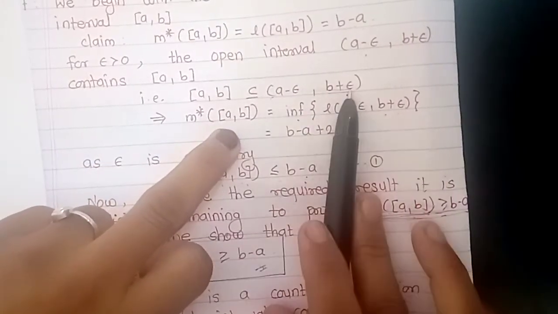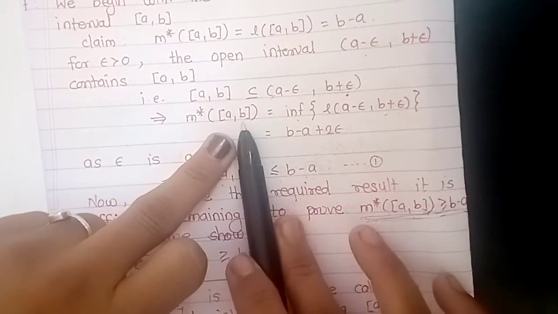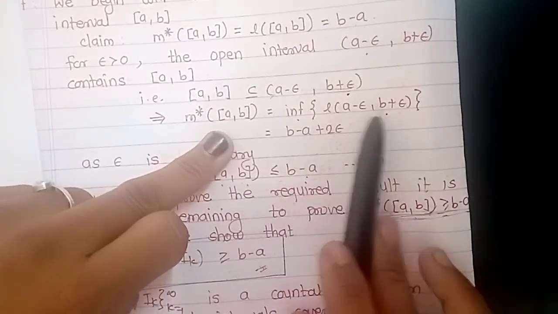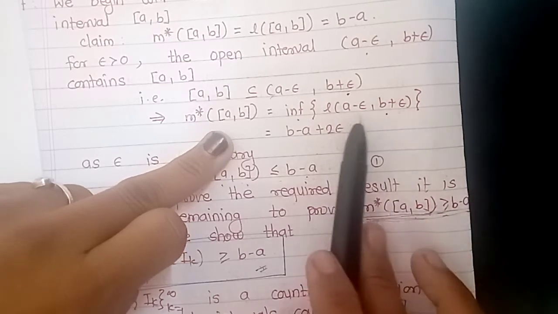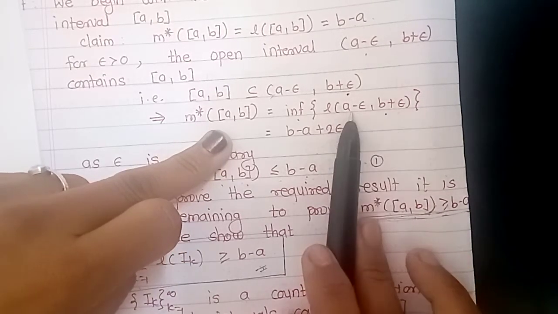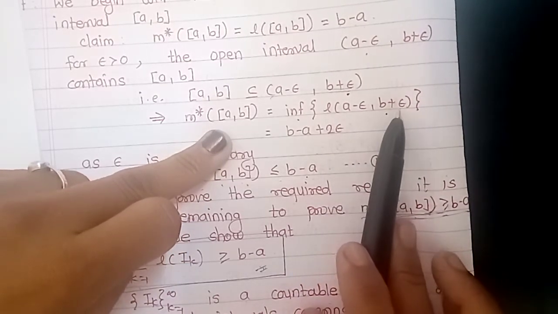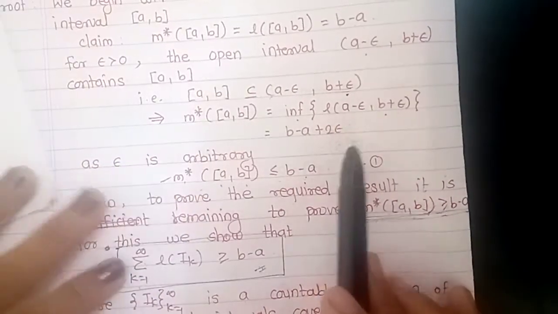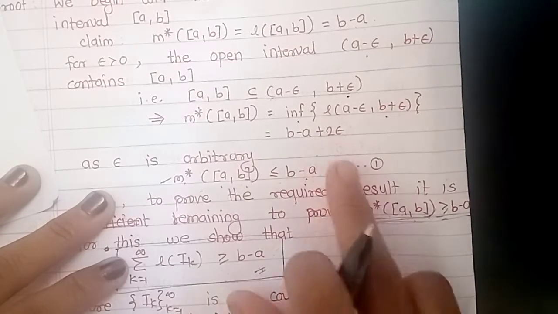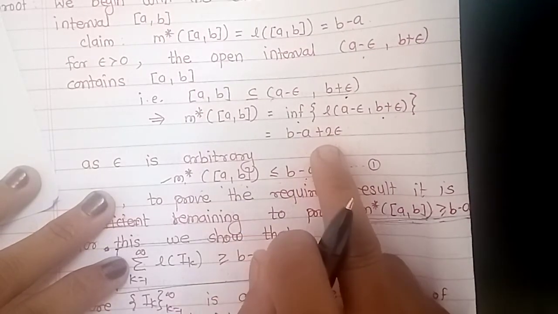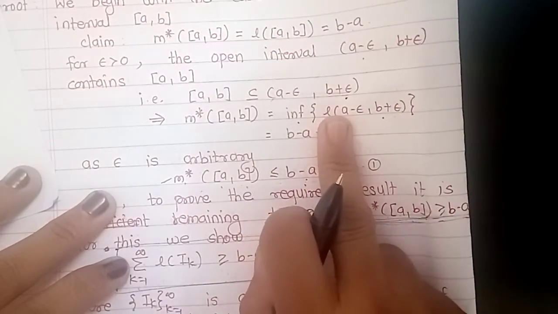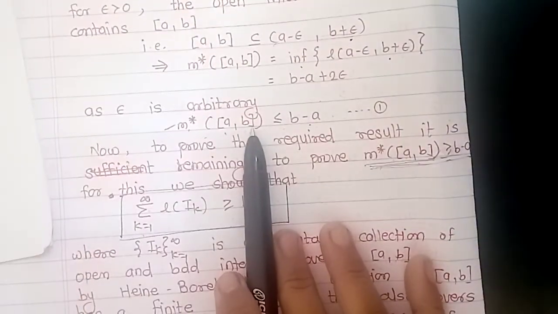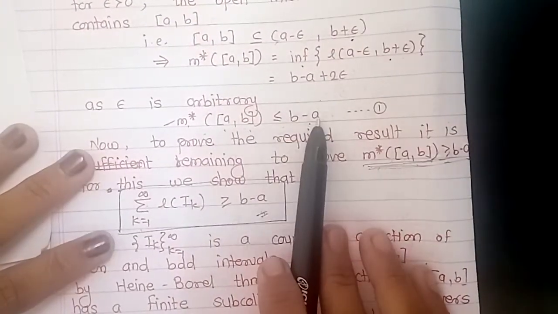But here there is only one interval which covers [a, b], so the infimum of the length of this interval. What is the infimum of the length of this interval? The interval (a minus epsilon, b plus epsilon) is a bounded set, so its length is the difference between its end points, and as epsilon is arbitrary and here is a plus sign, if we neglect these two epsilon, then we get the inequality: outer measure of [a, b] is less than or equal to b minus a.